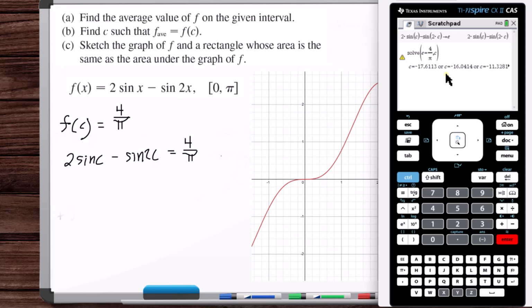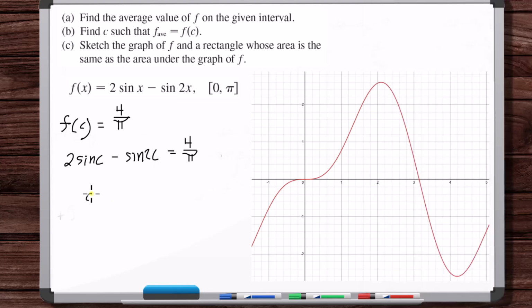Okay, so you've got a bunch of values here, but we're just looking for the ones that are from 0 to pi. There we go. So approximately 1.24.